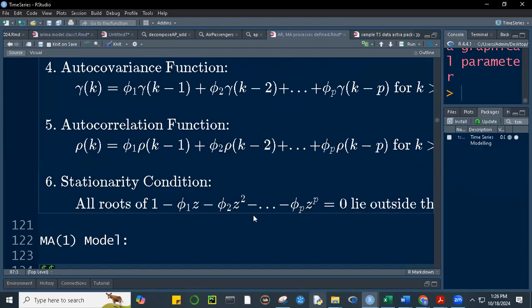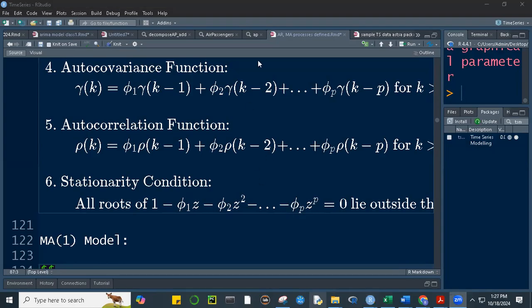And then, class, here, the roots. If we solve for 1 minus Phi1 Z minus Phi2 Z squared, up to minus Phi sub p Z to the p, you're replacing the B, class, with the variable Z. Whatever solutions you get here, they should lie outside the unit circle.